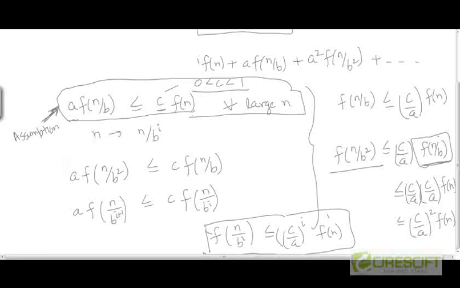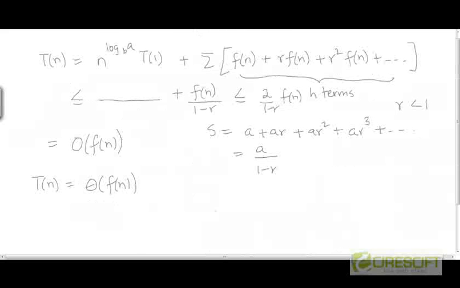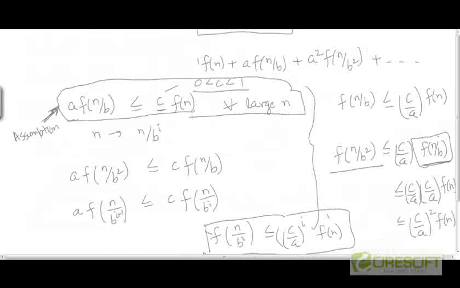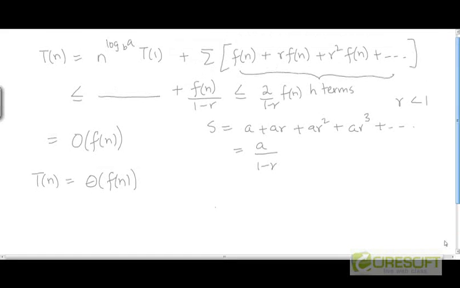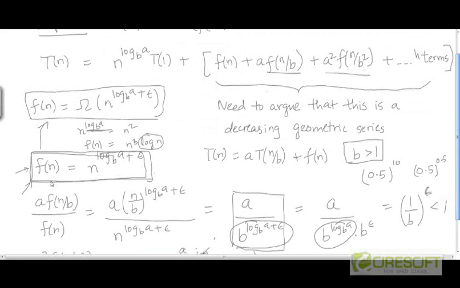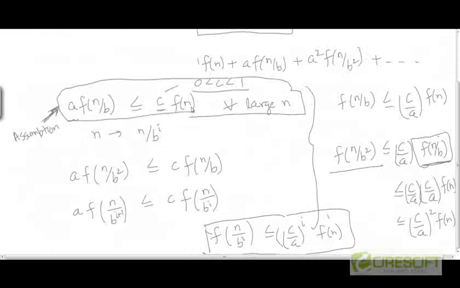But things are easier for us since we have also proven that if f of n had the specific form of some power of n, then T of n is theta of f of n without needing that additional assumption, because we proved there that the common ratio will be less than 1.